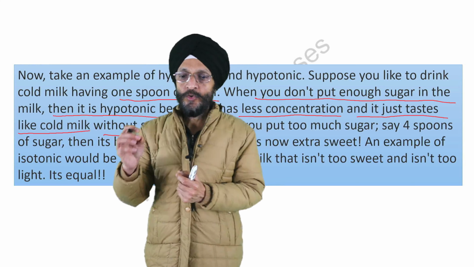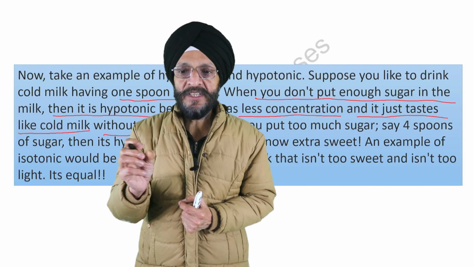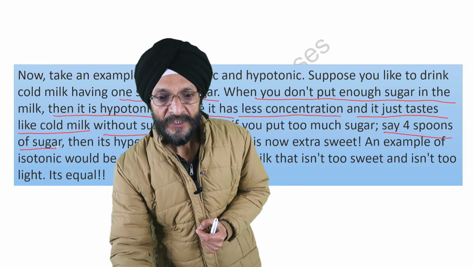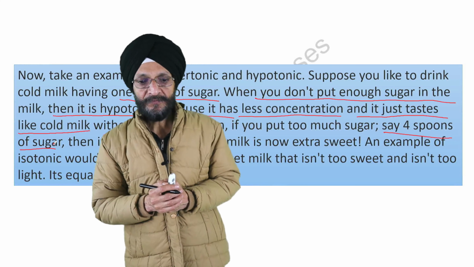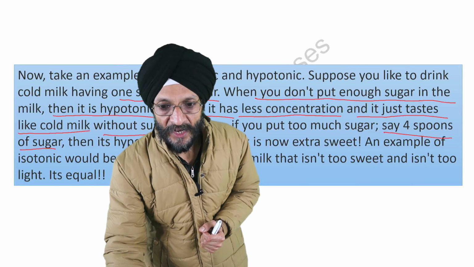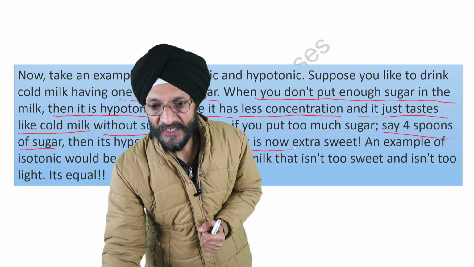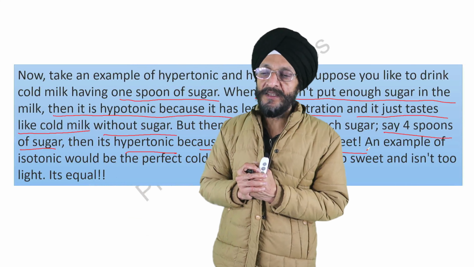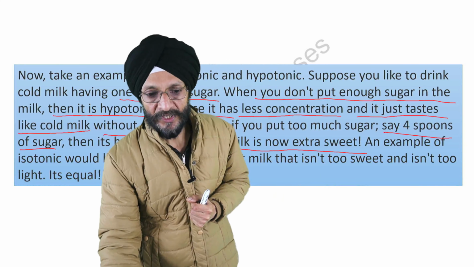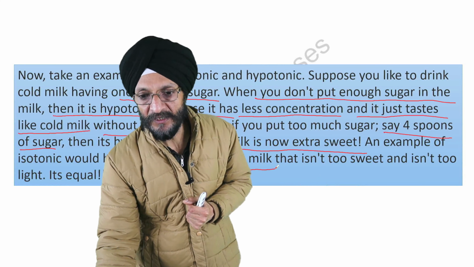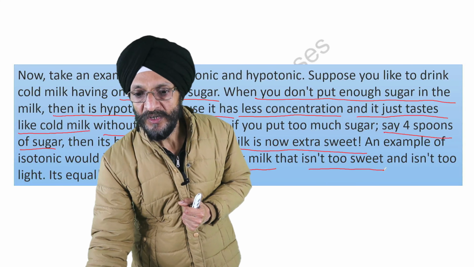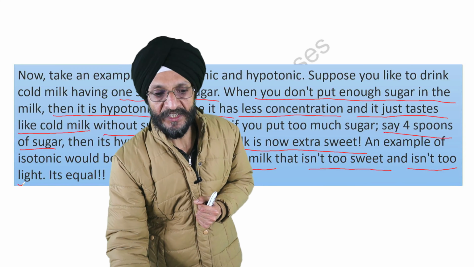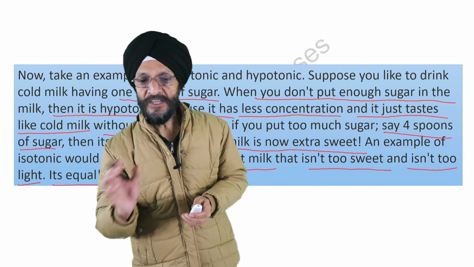But when you put too much sugar in the milk, say 4 spoons of sugar in your cold milk, then it is hypertonic because the milk is now extra sweet. An example of isotonic would be perfect cold sweet milk that is not too sweet and is not too light. It is equal.